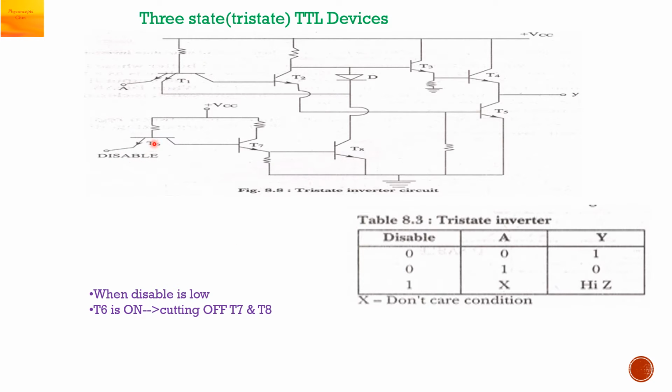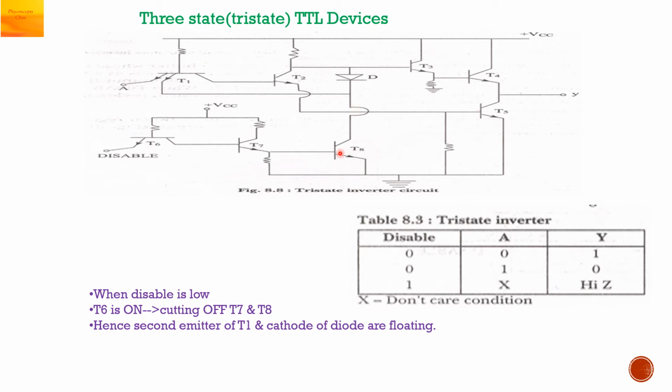P6 is on because this base emitter junction diode will become forward biased and T6 will be on, which cuts off P7 transistor. As the collector voltage of P6 goes low, T7 will be off. Also T8 is off. Hence, you can see that this collector of T8 is connected to one of the emitters of T1 as well as to the cathode of the diode.